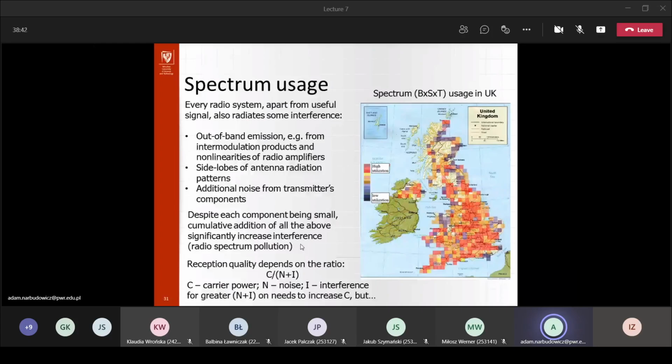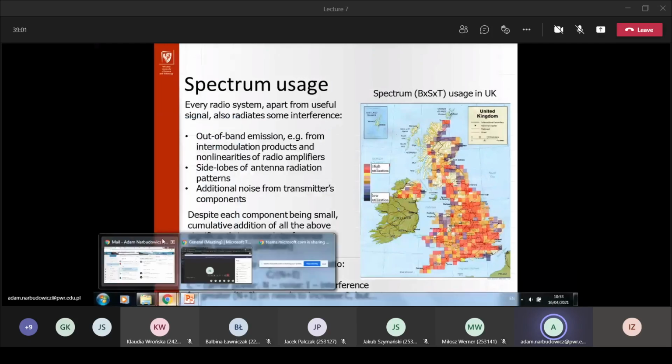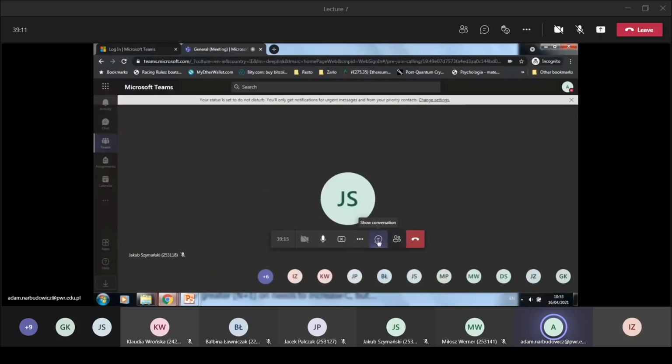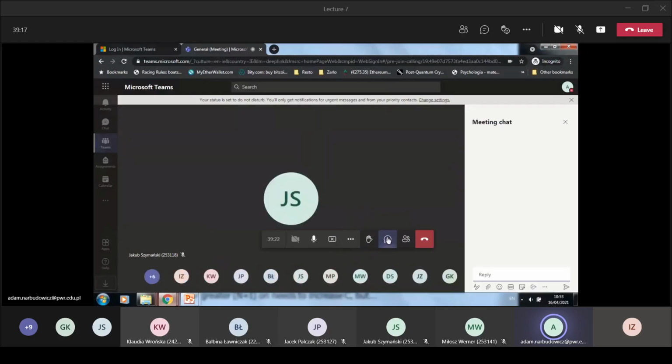The other option, of course, is what we said here. You can increase the power of your Wi-Fi router and the power of your signal. Okay. And again, do you think it's a good idea or a bad idea? So maybe let's do the visual thing. I would write in the chat, sorry, two options.